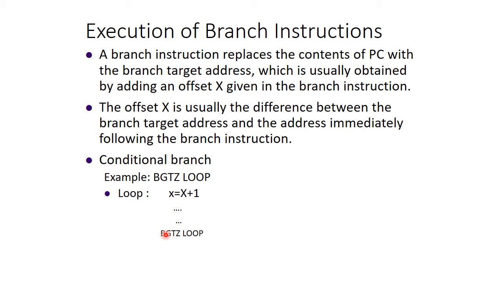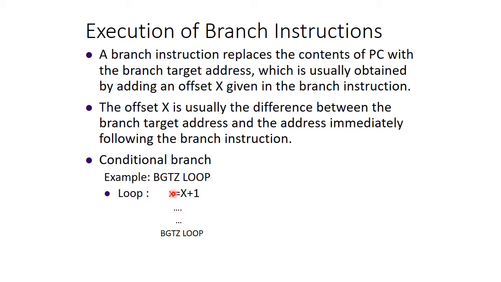For every instruction execution, the program counter points to the next instruction following the currently executed instruction. So whenever this condition is satisfied, the program counter content should be updated to the instruction residing at the branch target address location. To update the program counter, it is necessary to add the difference from the branch target address.